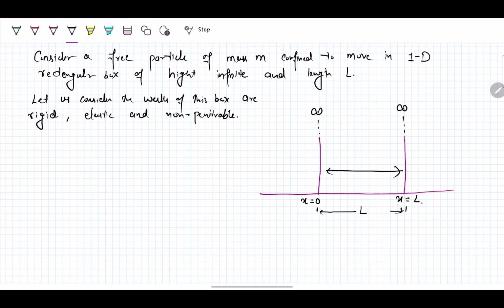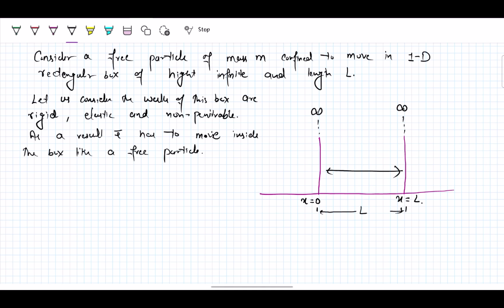Okay, it means this particle cannot penetrate the walls of this box. As a result the electron has to move inside the box like a free particle. Okay, so according to our conditions, the electron or this particle moves inside the box like a free particle.